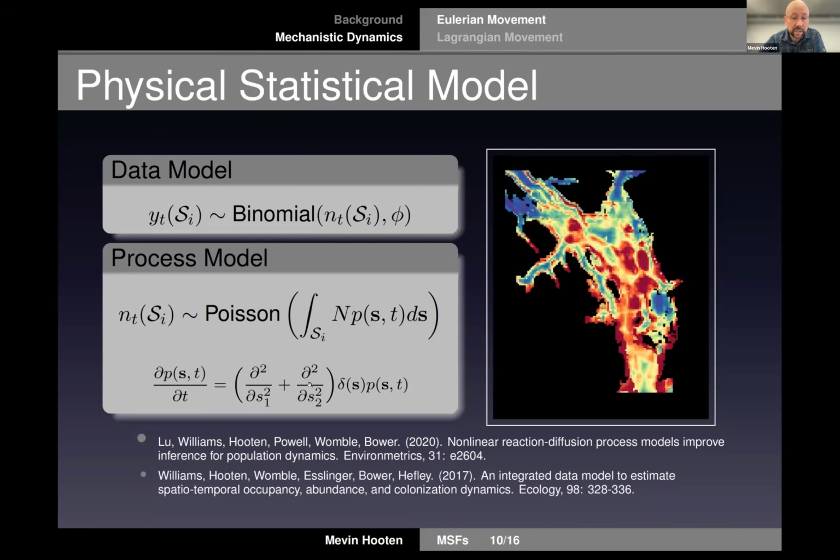Let me talk about the PDE itself, just for folks who aren't used to looking at PDEs. So this is obviously there's a temporal derivative on the left, and then you've got these partials on the right associated with space. Inside those partials, you get the product of these two terms. P is the process itself. That's what moves the sea otters around in space and time.